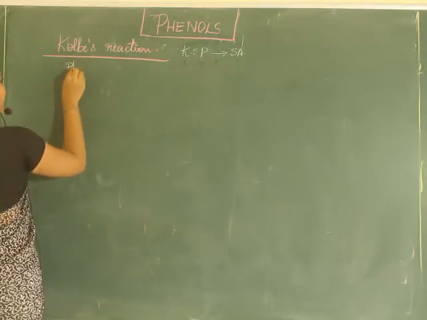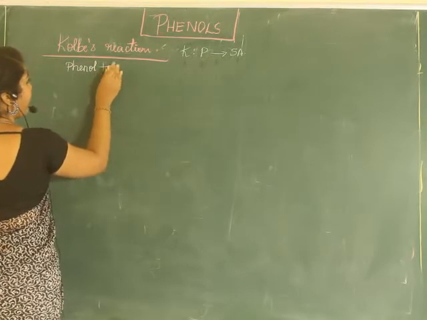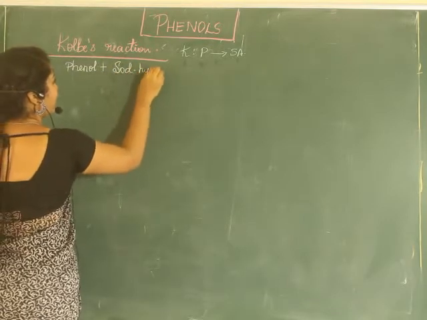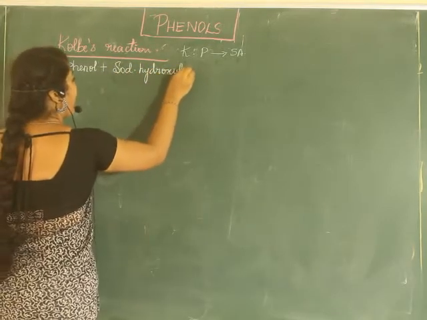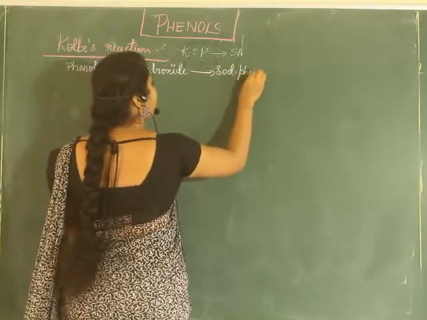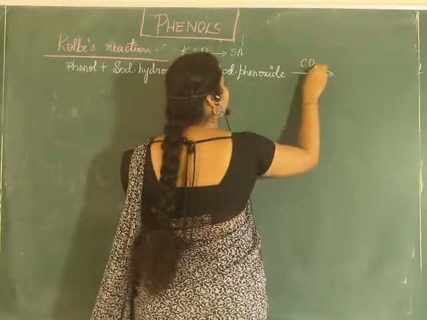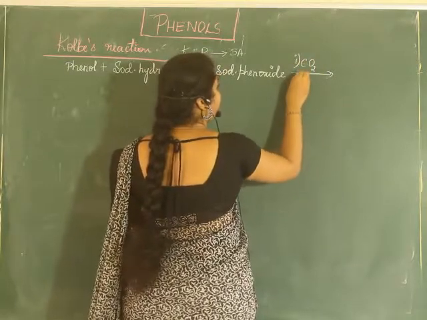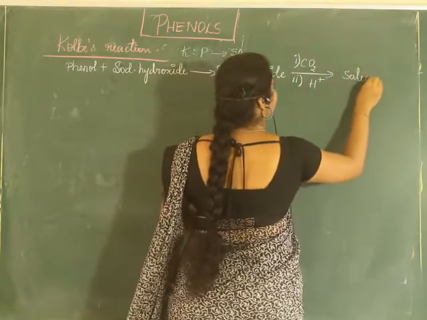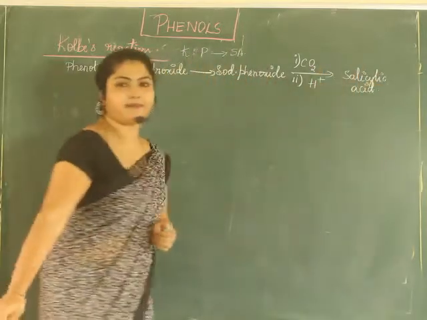Here phenol will be treated with a base, sodium hydroxide. It forms a salt, sodium phenoxide, which will be treated with carbon dioxide followed by acid to form salicylic acid. We'll see how.